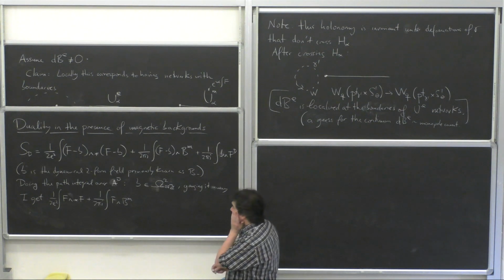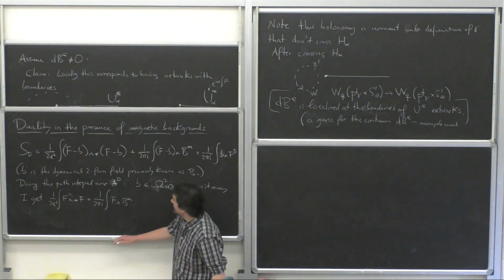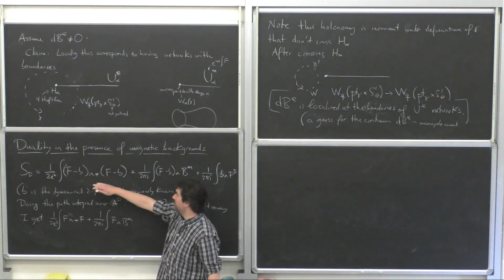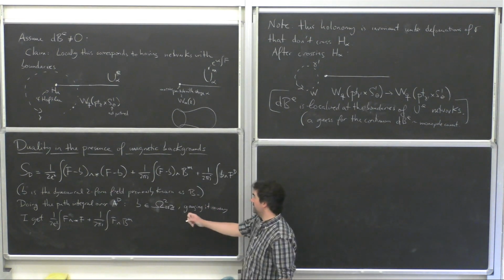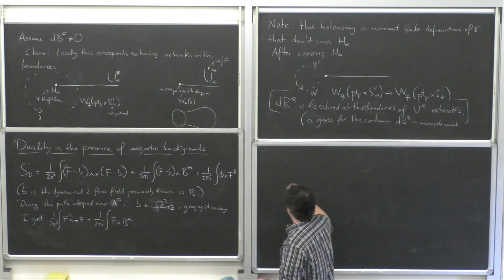So in this theory, you can view F as something that's always pure gauge, always has these kind of periods. So I can gauge it away.